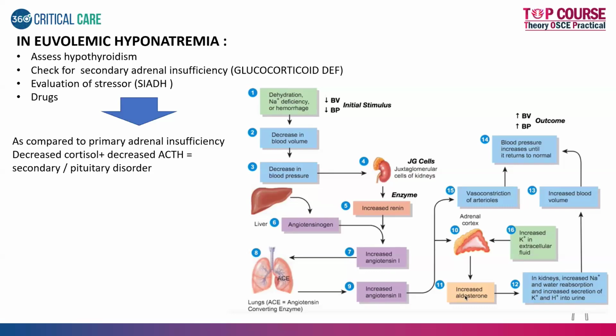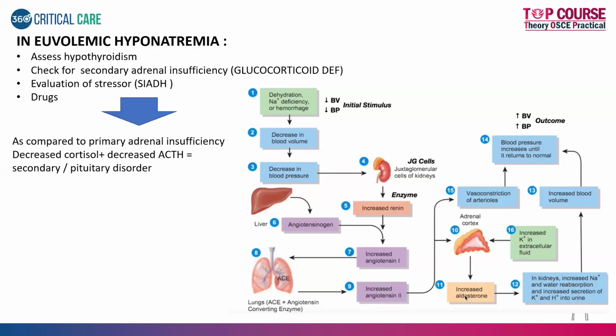So this aldosterone is the one which acts on the kidneys and causes increased sodium and water reabsorption and increased secretion of potassium and acids into the urine. And because of increased reabsorption of sodium and water, there is restoration of the blood volume, and that normalizes the blood pressure.